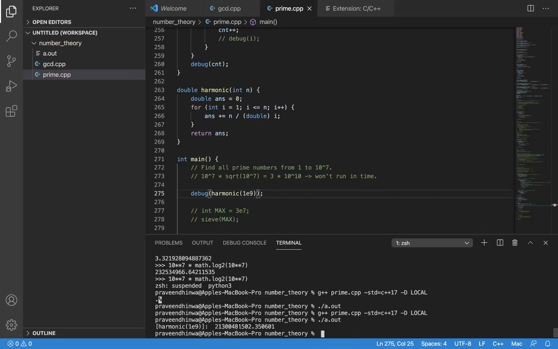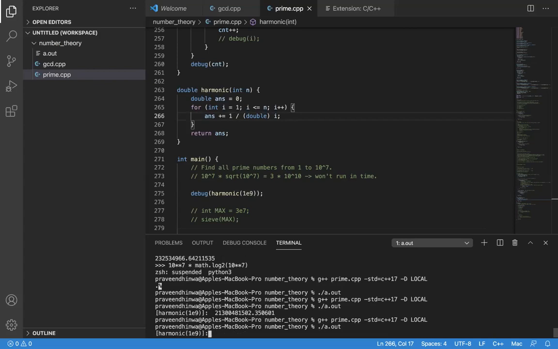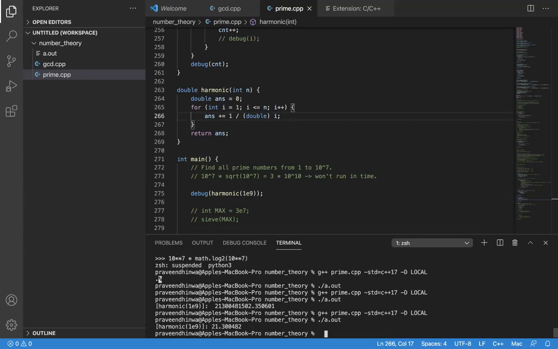Okay, so this value, in fact, harmonic was 1 plus 1 by i. It is a multiple of this thing. So 1 plus 1 by i should be pretty small. This is only 21. So you can see that this harmonic number is pretty small.